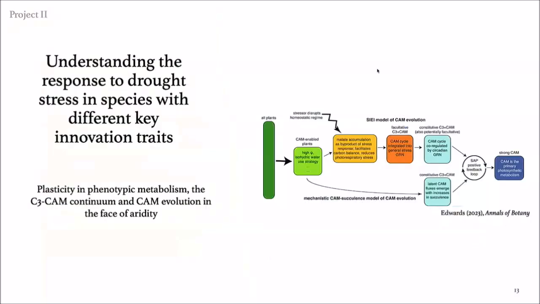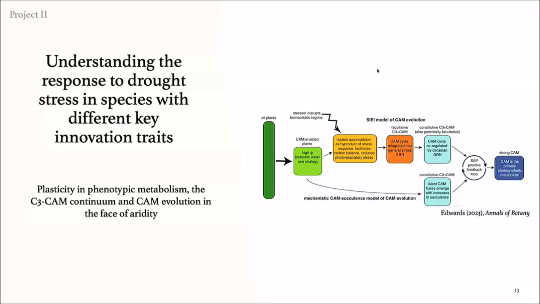And so as we were working more and more on this CAM field and trying to understand CAM and reading the literature about it, it became more and more clear to me that while originally CAM and C3 were described as two very discrete traits where you had either a C3 plant or you had a CAM plant, more and more reports have been coming in of intermediate forms of this phenotype.